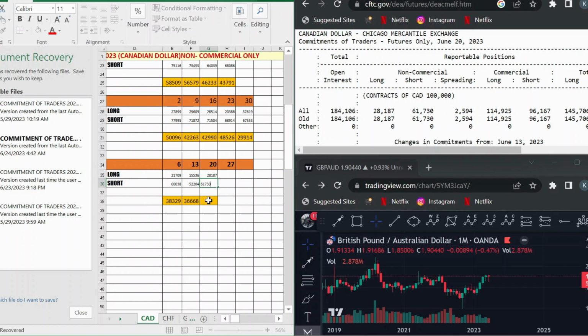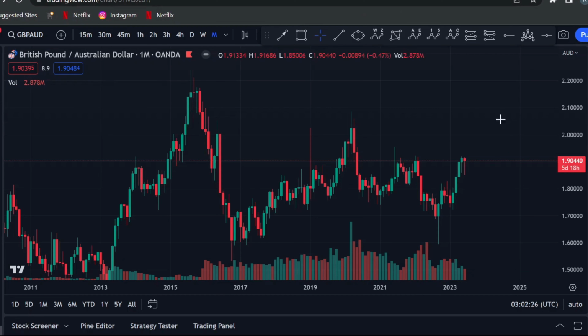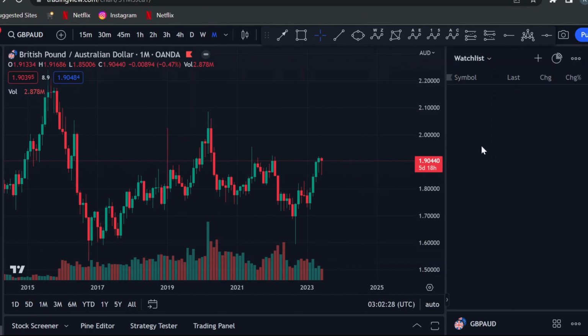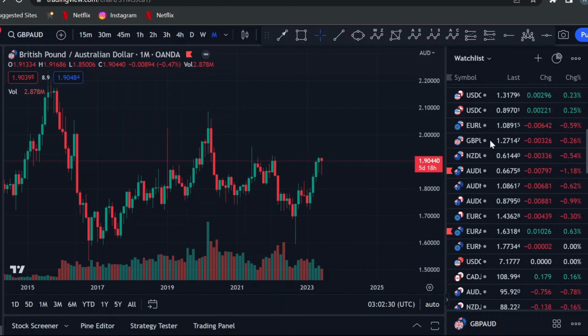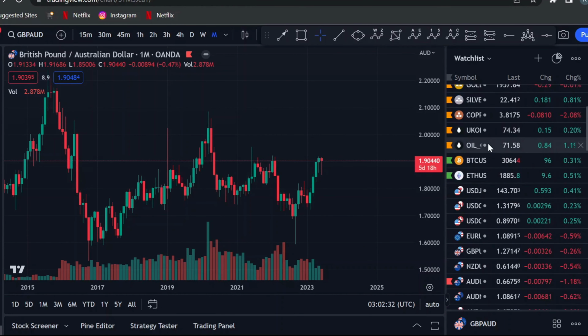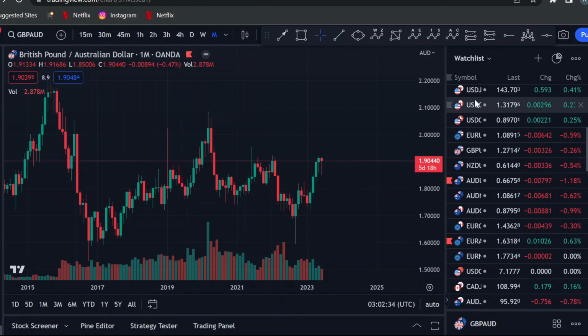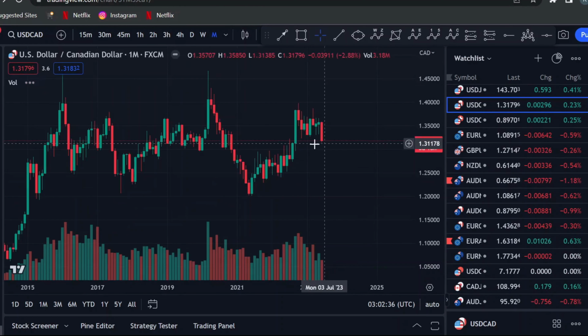So for the Canadian dollar, if you look at the CAD pairs, like for the USD CAD, when the monthly candle opened, the bears almost instantly came in and pushed the market lower.